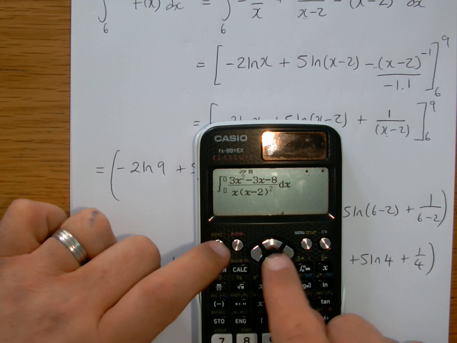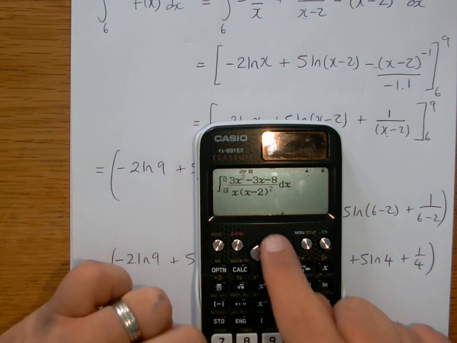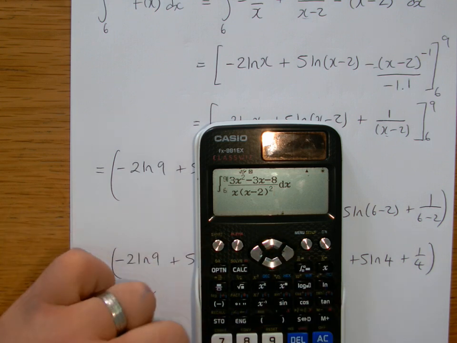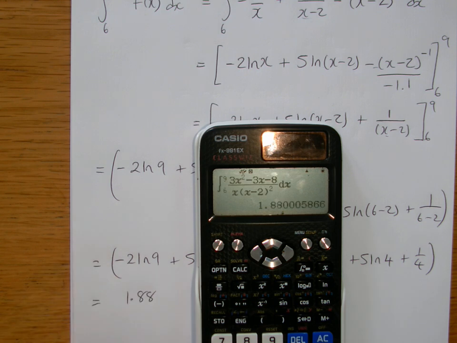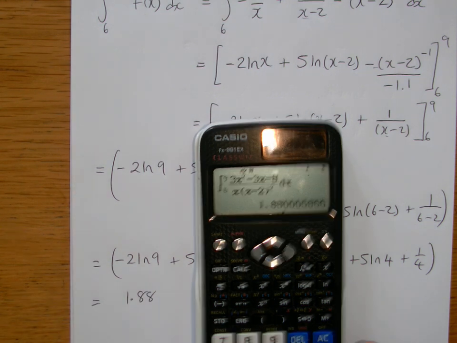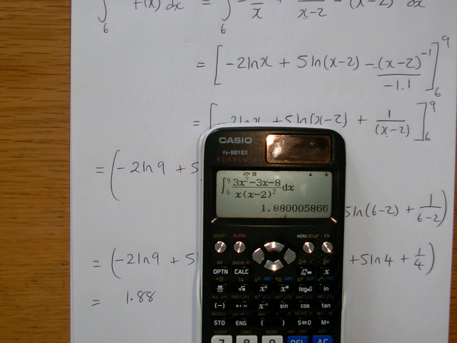Then put the lower limit in, press the arrow down to get 6, and the arrow up to get the upper limit 9. Then press equals, and it comes out as what we got, 1.88. Fantastic.